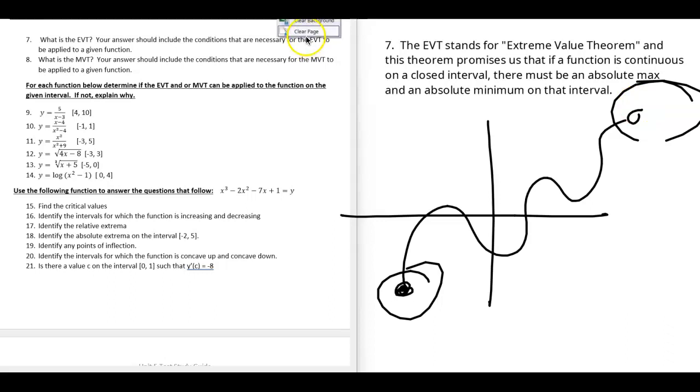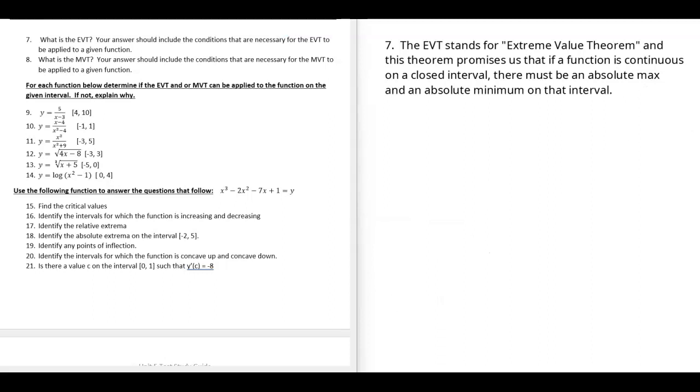So the EVT promises that if a function is continuous and on a closed interval, there must be an absolute min and max somewhere. Now I said make sure your answer includes the conditions necessary for the EVT to be applied. And the conditions are that the function needs to be continuous and it has to be a closed interval. And all this closed interval stuff just means the endpoints need to be included in the interval.